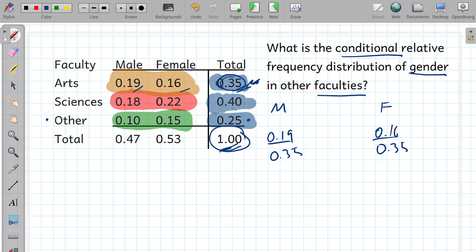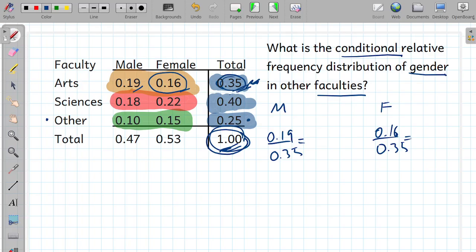That's the problem with the way the data is presented right now. It's not entirely clear what it means. Here we have 0.16, but that's out of 1.0, and we're interested just in the Faculty of Arts. So we need to convert these values into something a tad more meaningful.